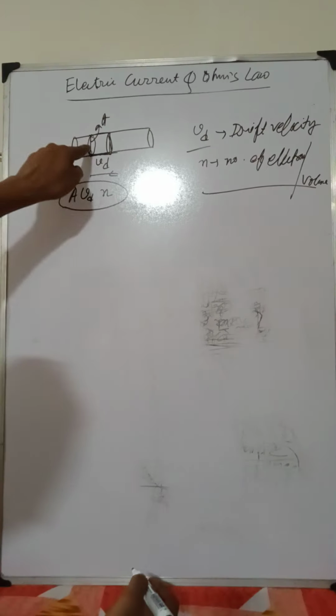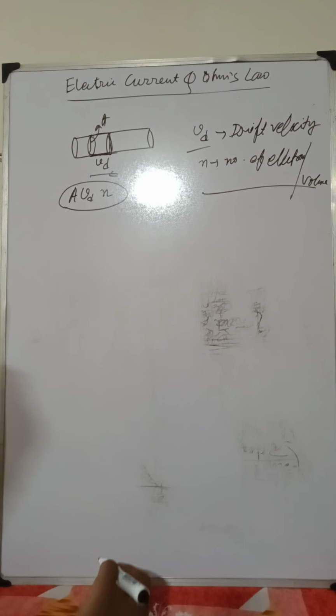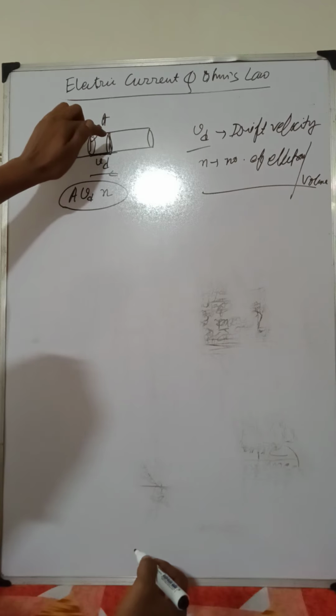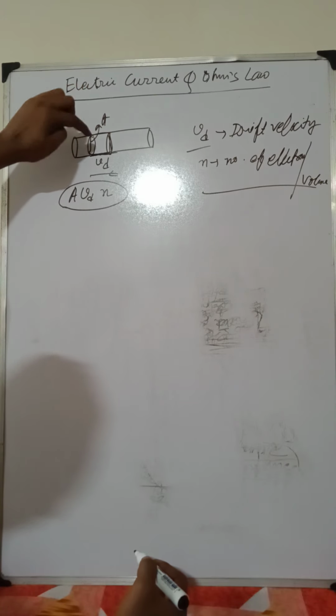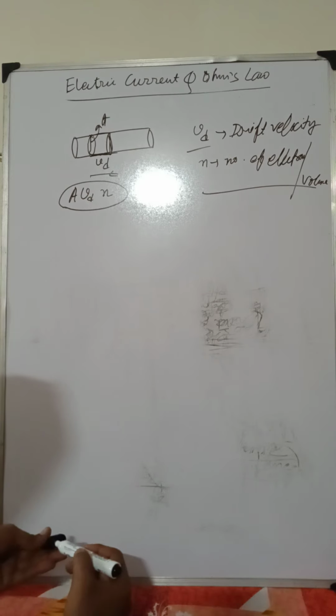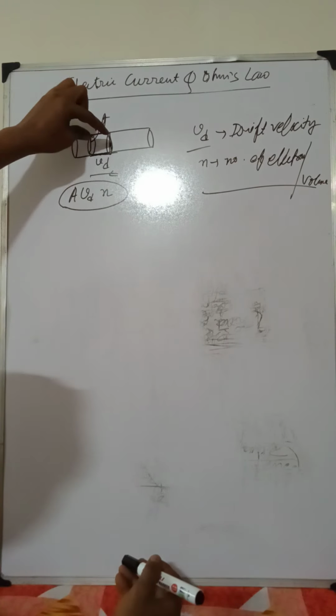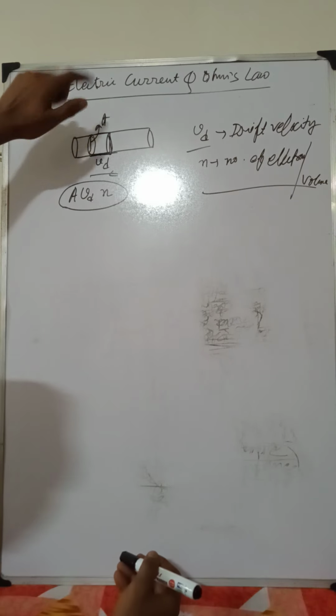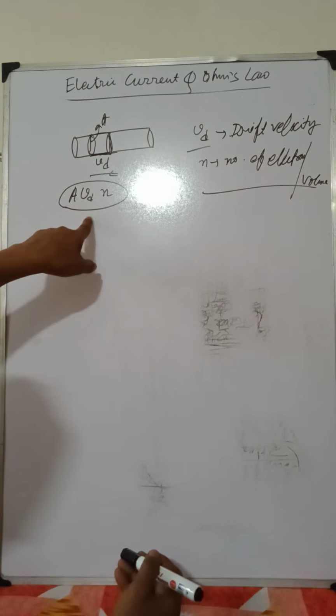The electrons present in that cylinder cross this cross-sectional area in 1 second, and that number is A Vd N.